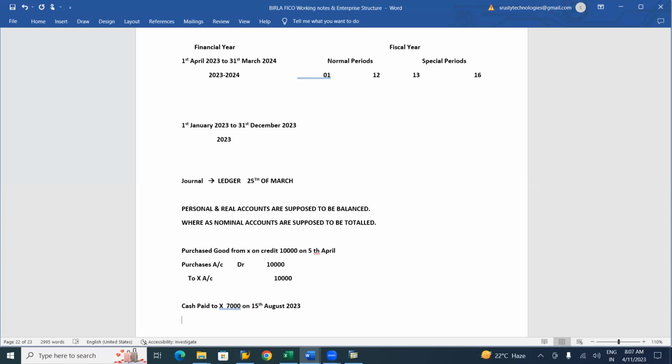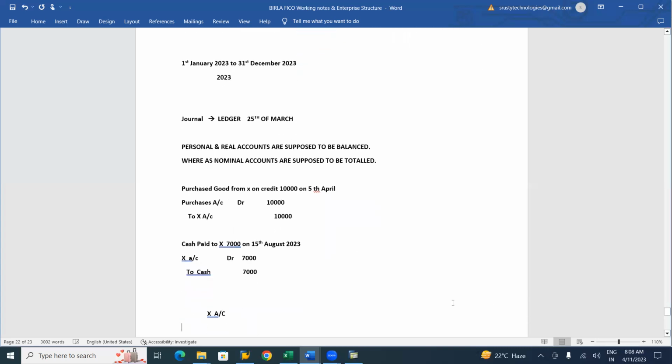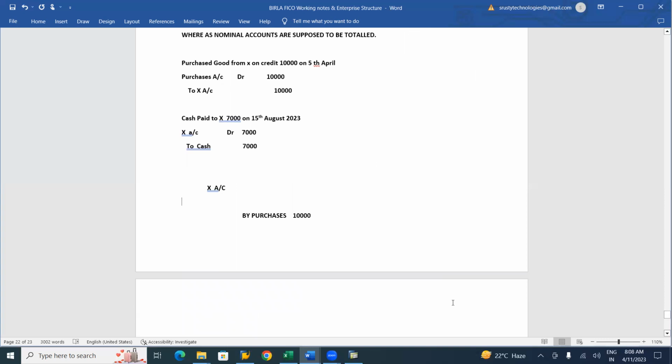X account debited to cash account, 7,000. Here we are paying him cash.